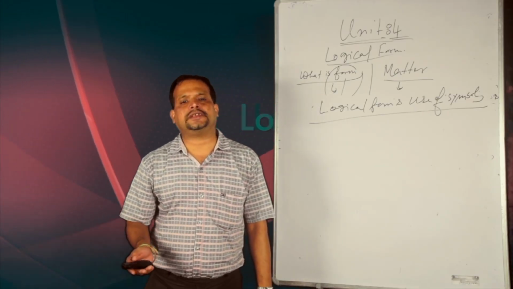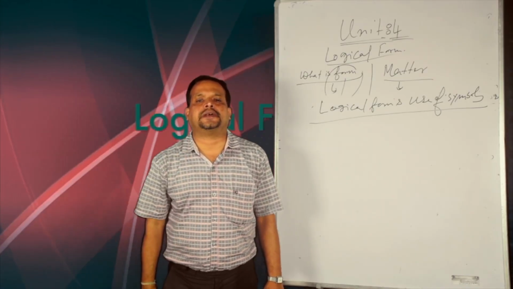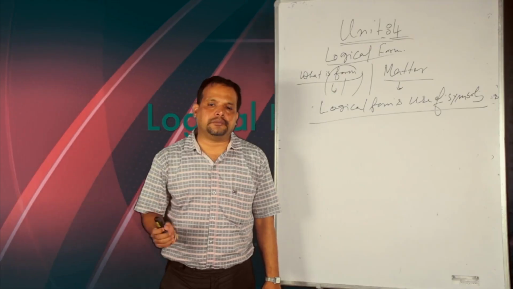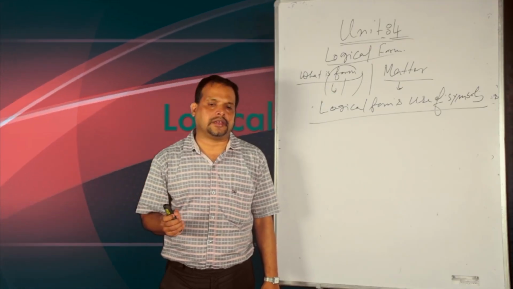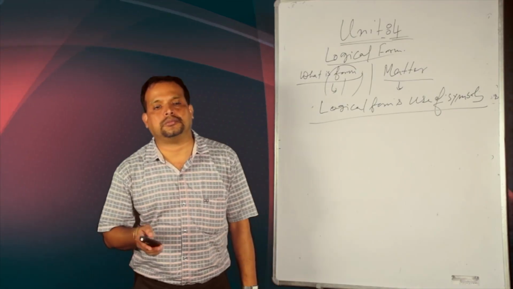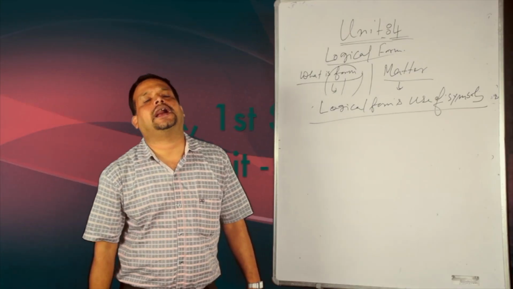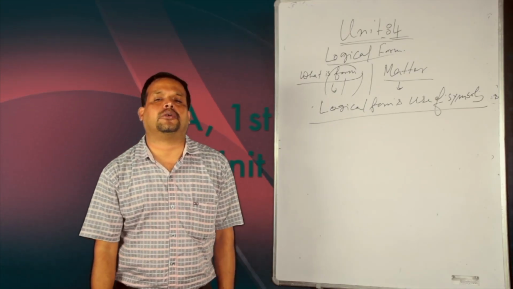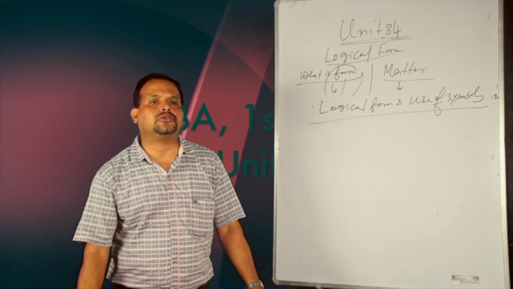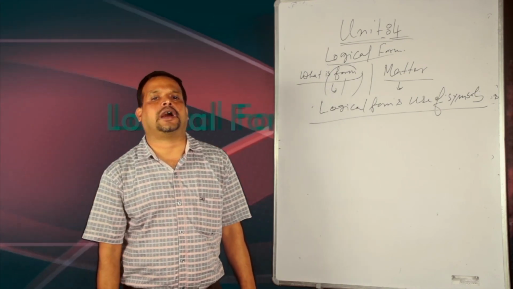This helps to determine the validity or invalidity of an argument by using logical form. The words valid and invalid are applied to the form of the argument and not to the content of the argument.